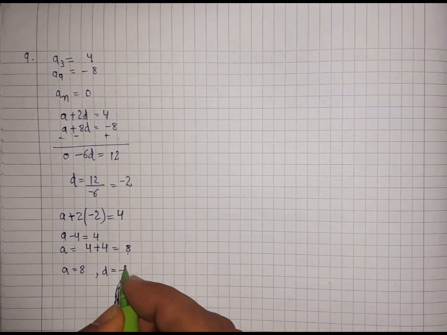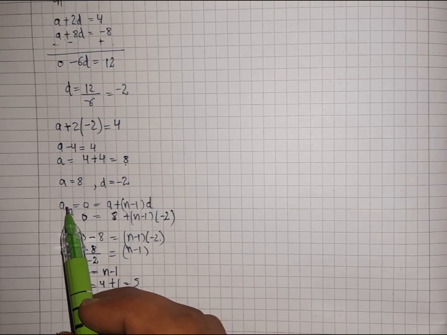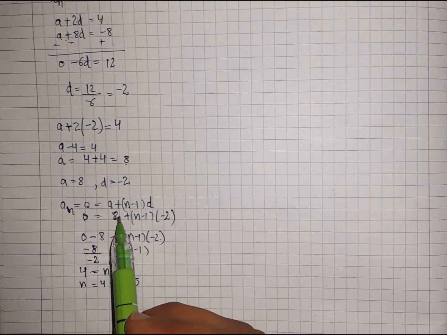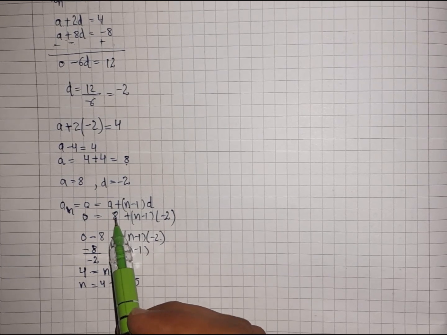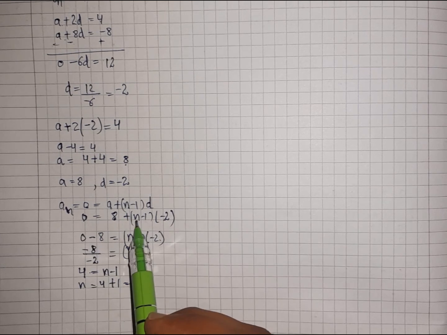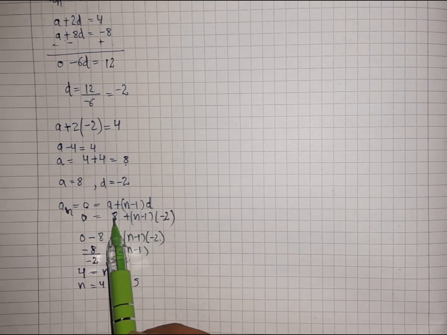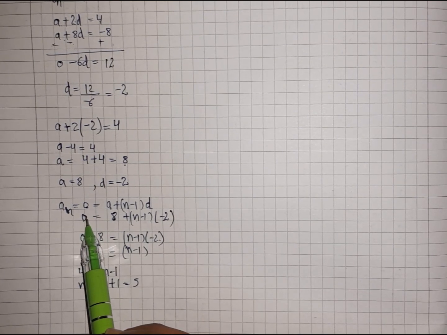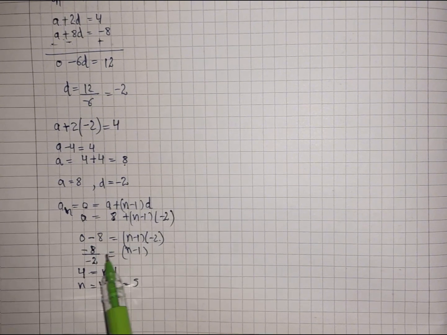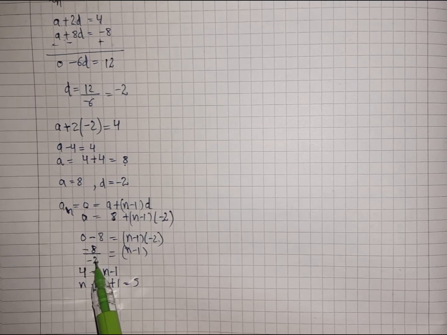Now we are given that an = 0 and we need to find the value of n. So a = 8, d = minus 2, an = 0, find n. Taking 8 to the left hand side, we will have 0 minus 8 = (n minus 1) into minus 2. Now taking minus 2 to the left hand side, we will have minus 8 upon minus 2.